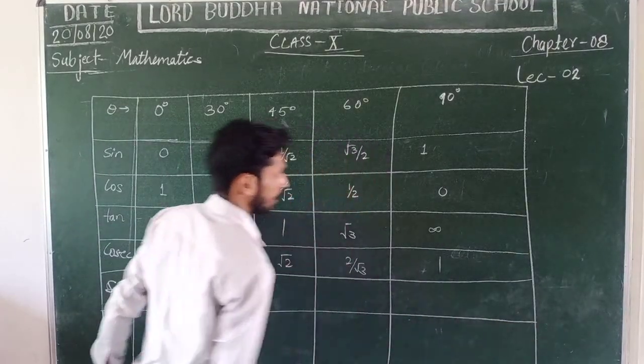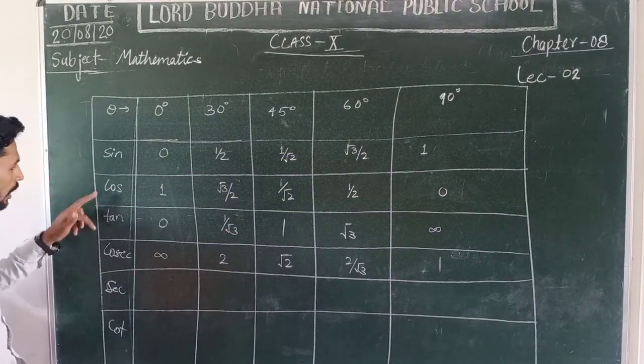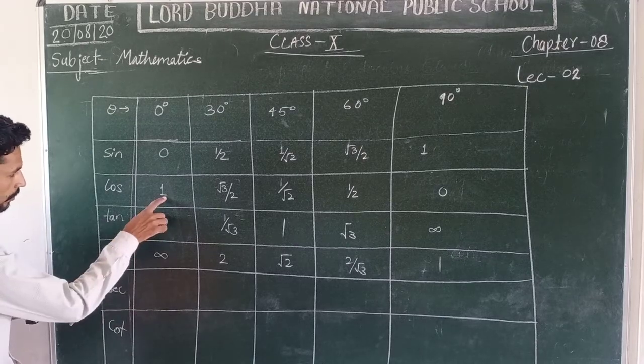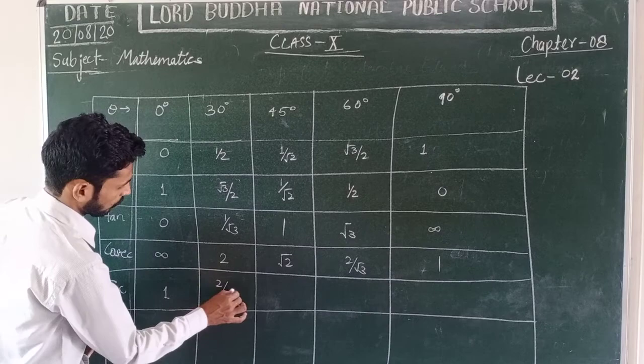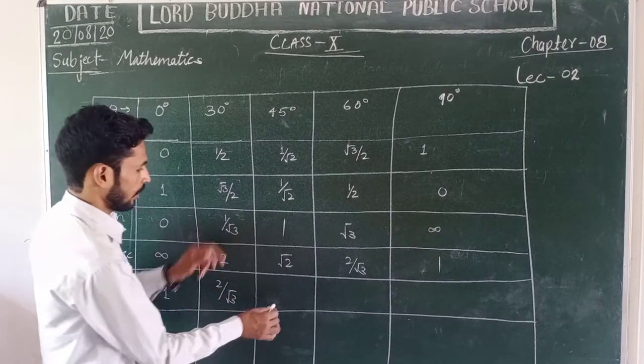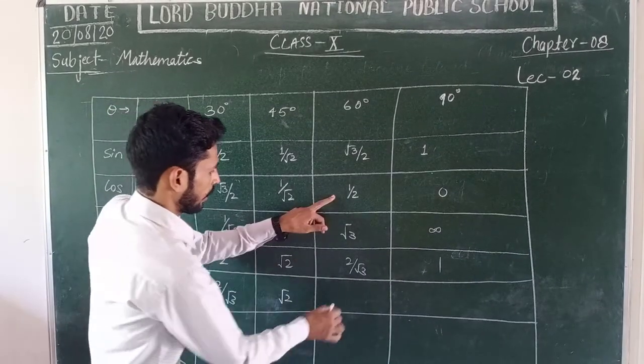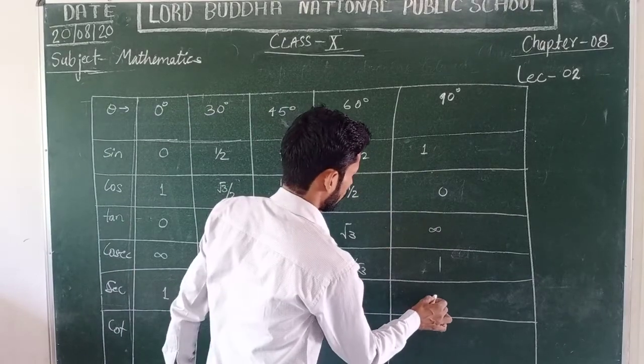Next, sec theta. Sec is the reciprocal of cos, so write here 1, then 2 upon under root 3, and here under root 2, and here is 2, next one is infinity.